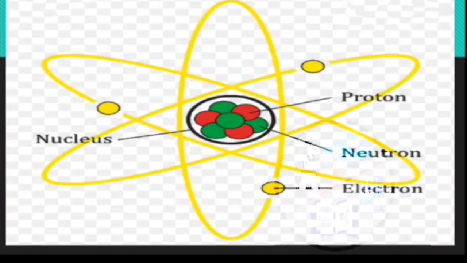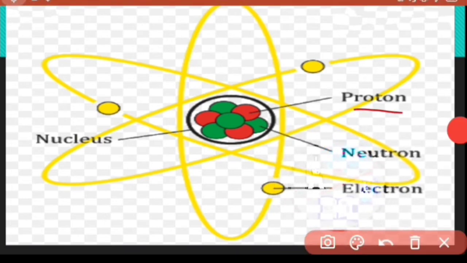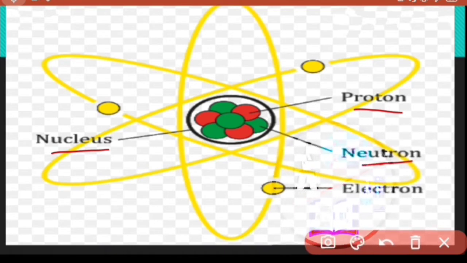This is the structure of an atom containing the positively charged protons, neutrons. Protons and neutrons are present inside the nucleus of an atom, which is a small, dense area present at the center of every atom.